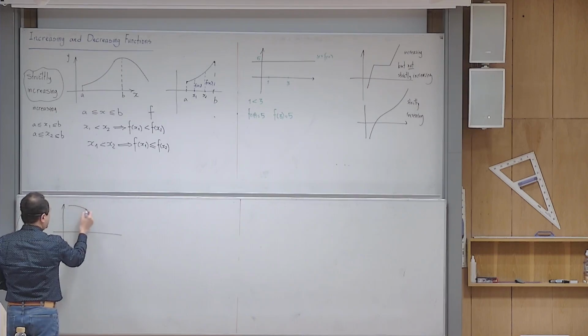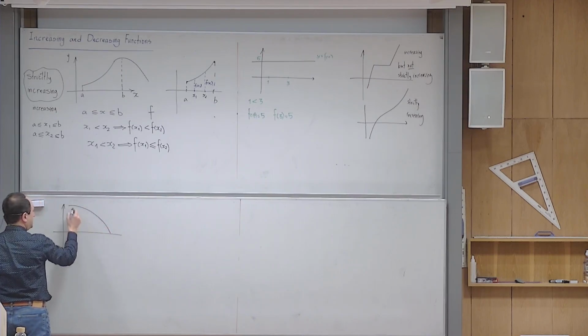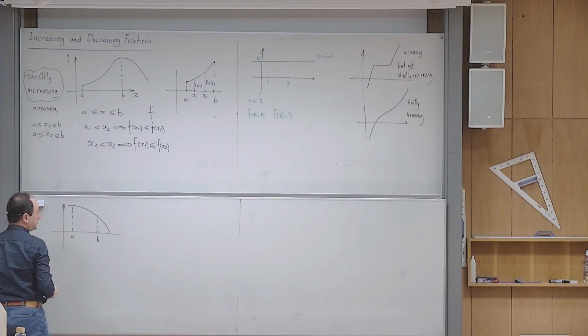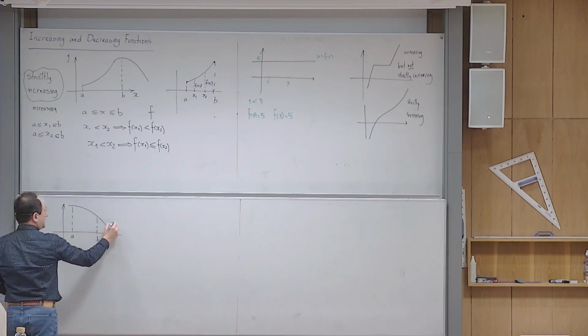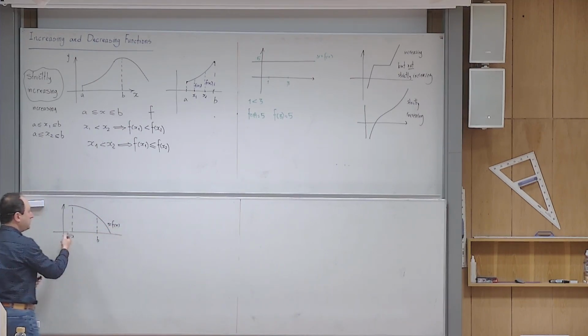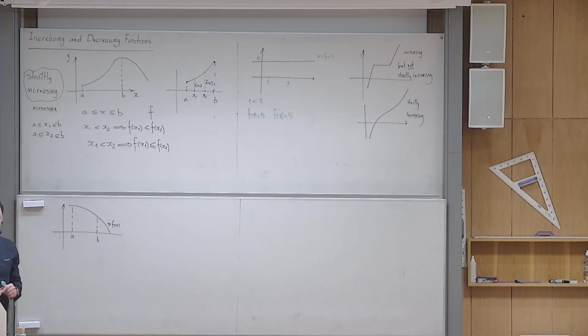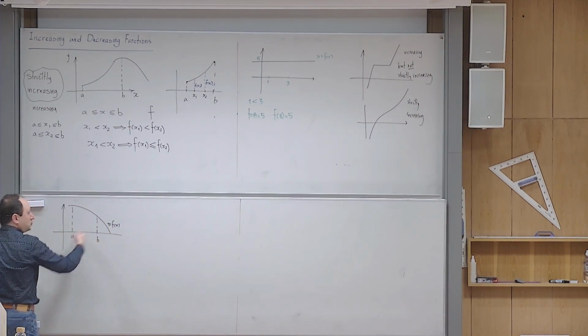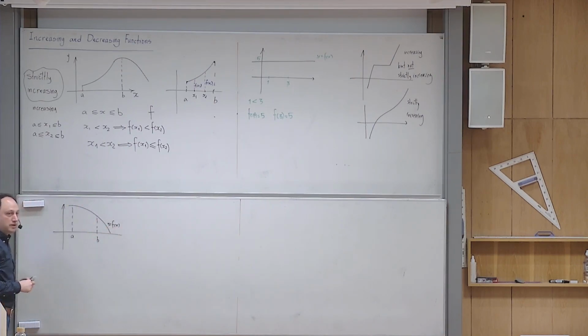For example, this is a graph that is decreasing on this interval from a to b. The function is going down on this interval, and assume that this function is f of x. Again, tell me, how can I define this mathematically now? Graphically it is really clear. When you go to the right, the height of the graph goes down.